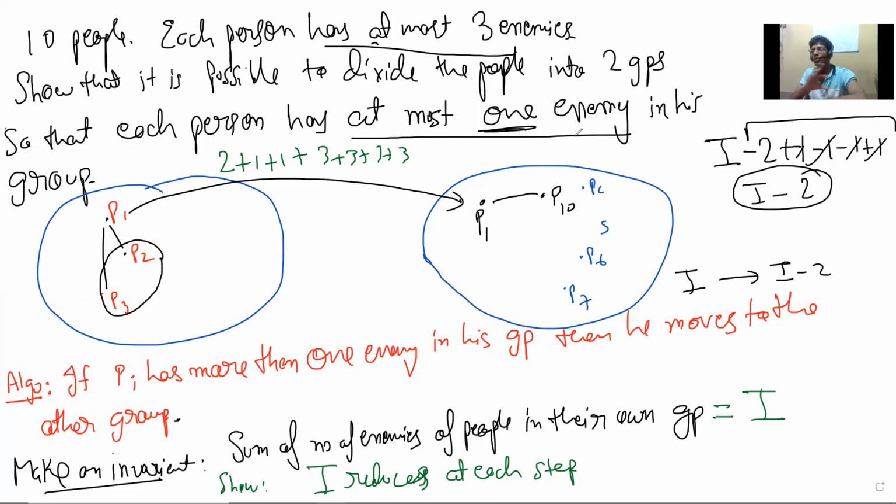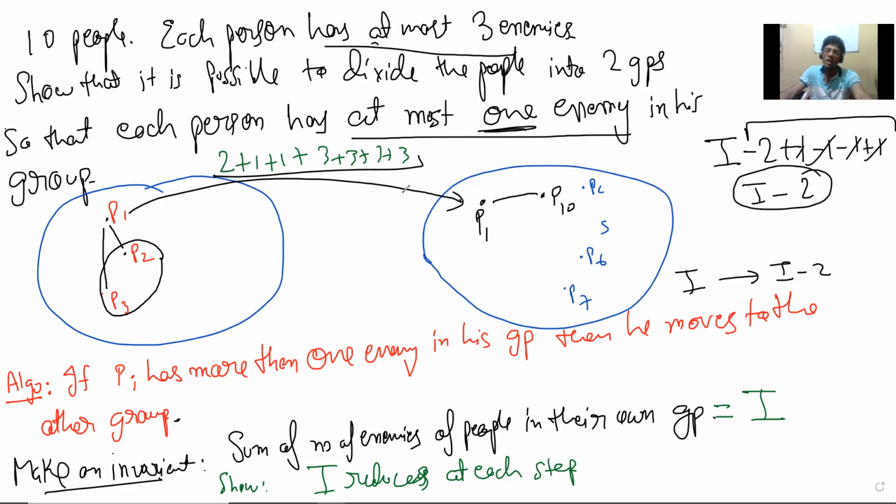In each move, someone gains an enemy, someone loses an enemy, all that is fine. But this total number is reducing, which is a good thing. For example, this number would become reduced by 2.